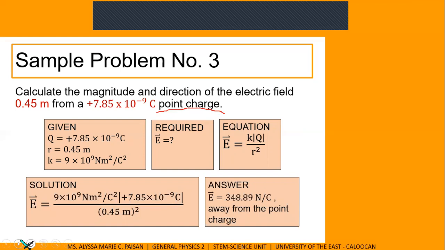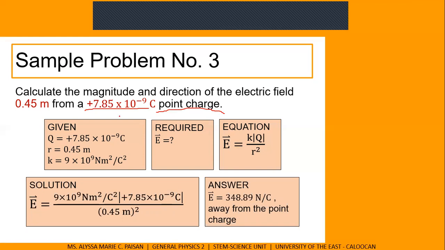Because, as a rule, katulad ng sinabi dun sa rules in electric field lines of isolated point or source charges, kapag positive yung point charge, the direction of the electric field is away from the point charge. So generally, pwede mong masabi whether the electric field is going away from the charge or going towards the charge. So that could also be a description of direction.